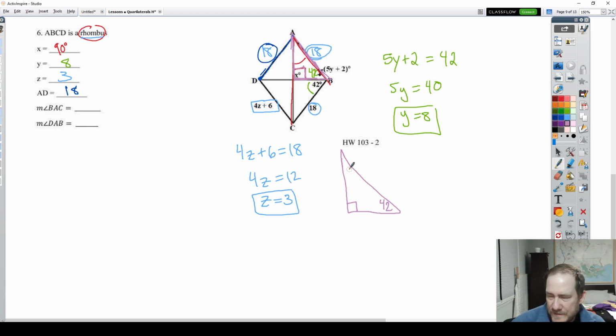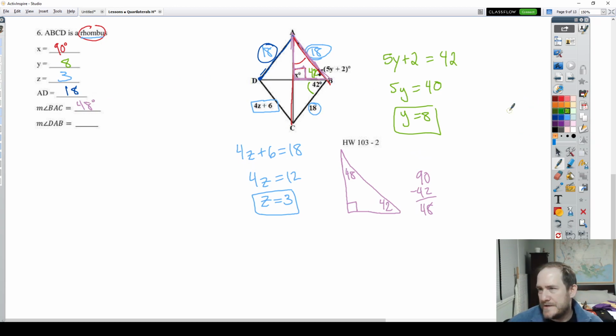And then we said the angles of a triangle have to add up to 180. So you could add everything up and just subtract from 180, or you could remember that the two angles here have to add up to 90, and then 90 plus 90 would make 180. So I think the easiest thing in the world is just to go 90 minus the 42, because you know the two acute angles have to be complementary. So subtract, you get 48. So that angle must just be 48.